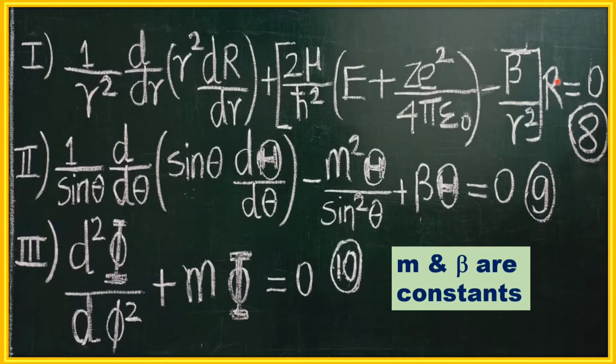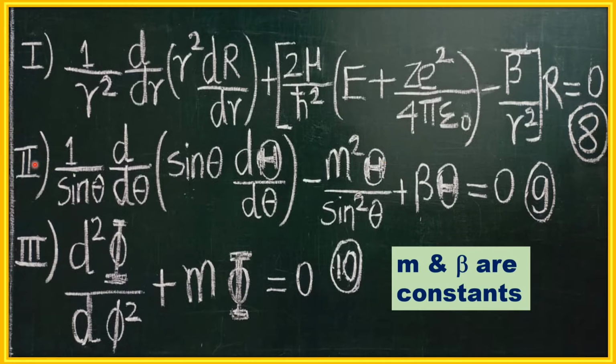Each equation depends only on one variable. For example, equation 1 depends only on the radius vector. Equation 2 depends only on theta. Similarly, equation 3 depends only on phi.